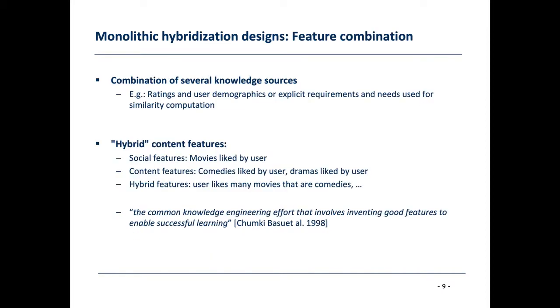So I might combine multiple sources and ratings, which we've used extensively in collaborative filtering, both for item-based and user-based, as one knowledge source. But we may also use demographic information, and that demographic information would be available to us and usable cross-domain.